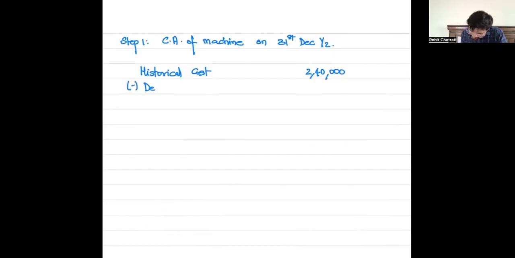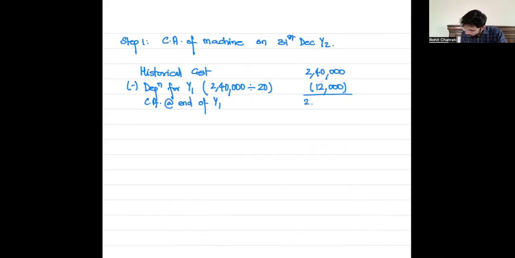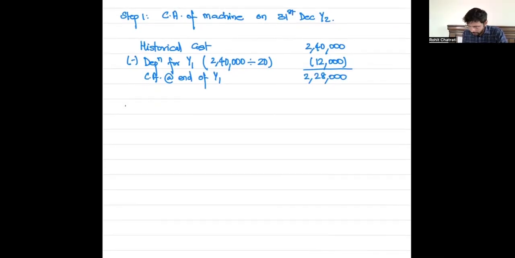We charge depreciation for year 1, calculated as 2,40,000 divided by 20 years. The reason we're able to do this is because salvage value is equal to 0. So depreciation for year 1 is 12,000, and the carrying amount at the end of year 1 is rupees 2,28,000.